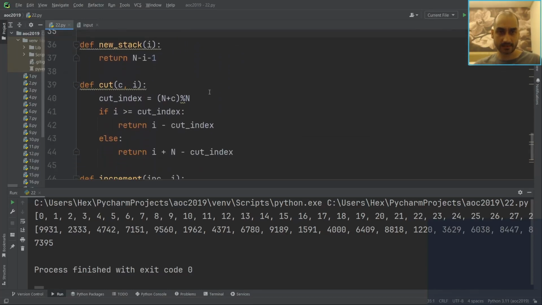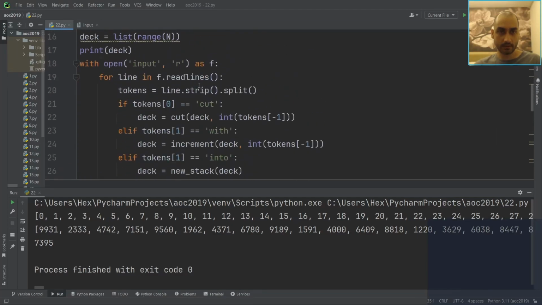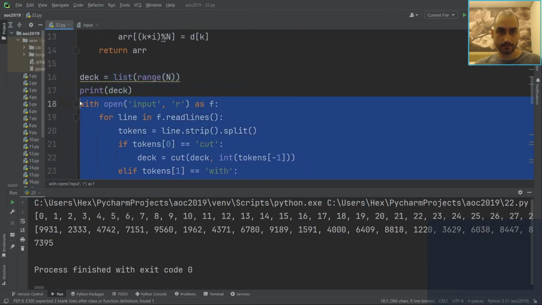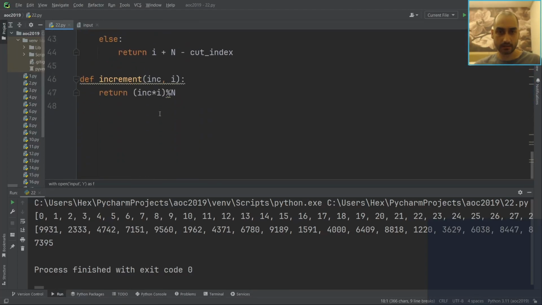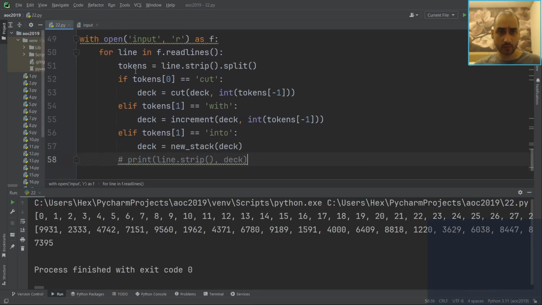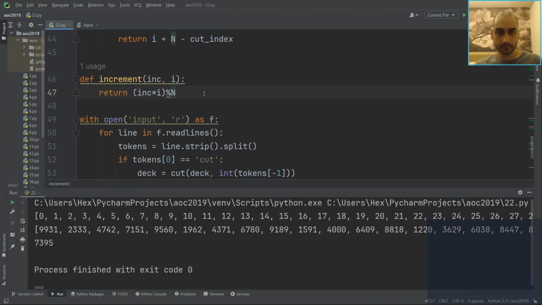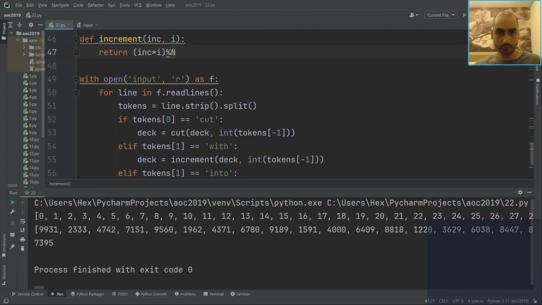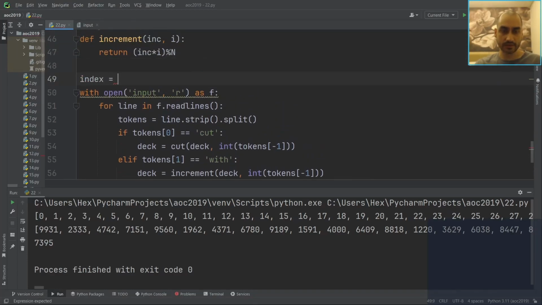Alright, so we can now test this by running this again, but there's no deck. And we just want to find out where 2019 ends up. So for part 1, our index was 2019.